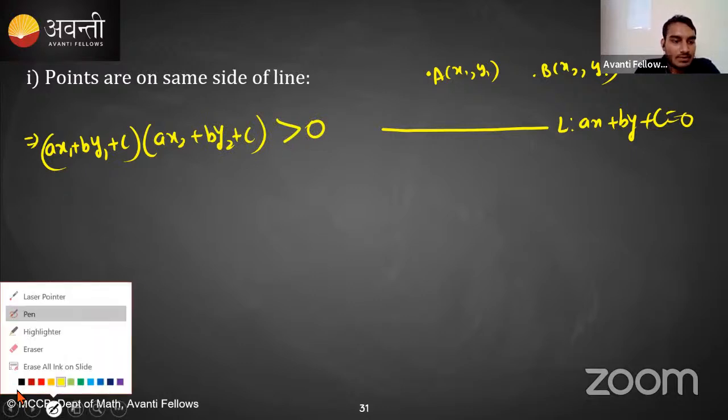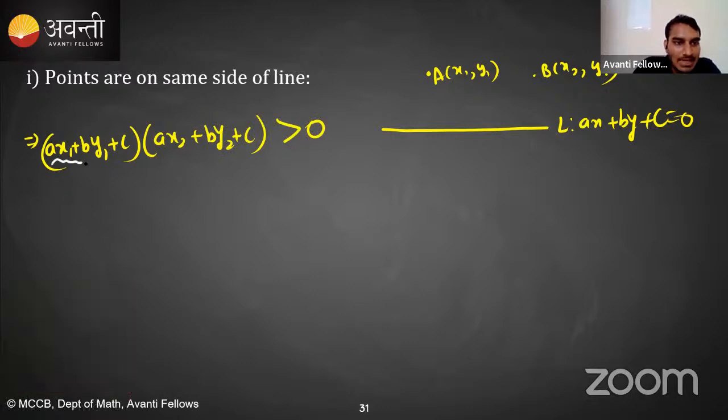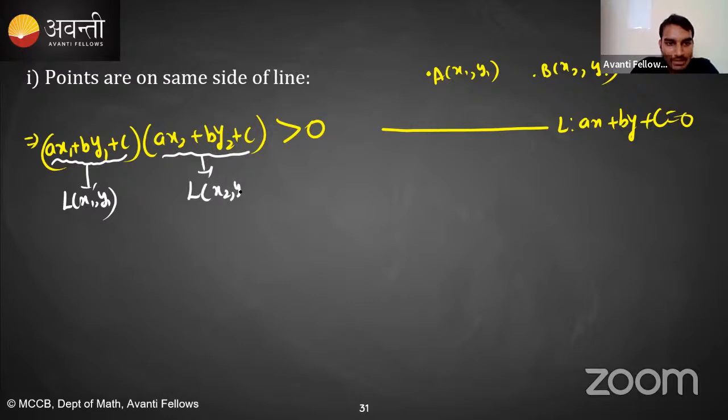What does this mean? ax1 + by1 + c means just put the point A (x1, y1) in the line. So put (x1, y1) in L. And put (x2, y2) in your line, again in L. So L(x1, y1) into L(x2, y2) is greater than 0.